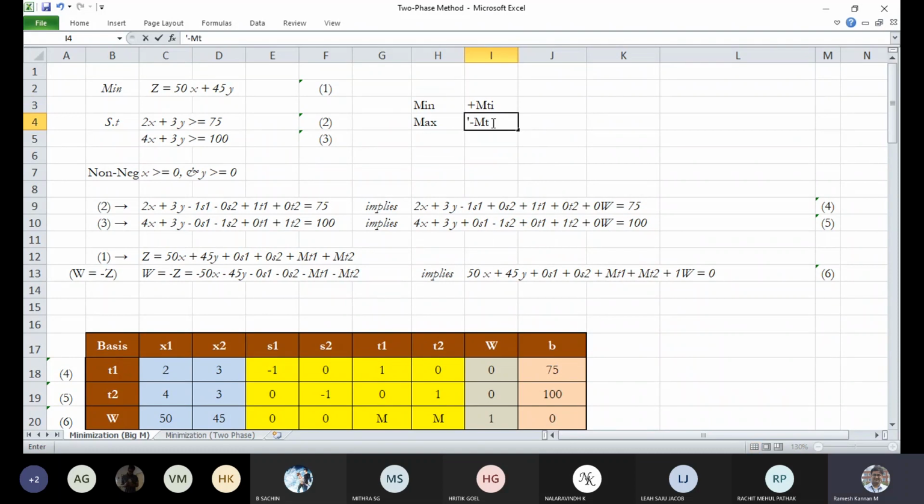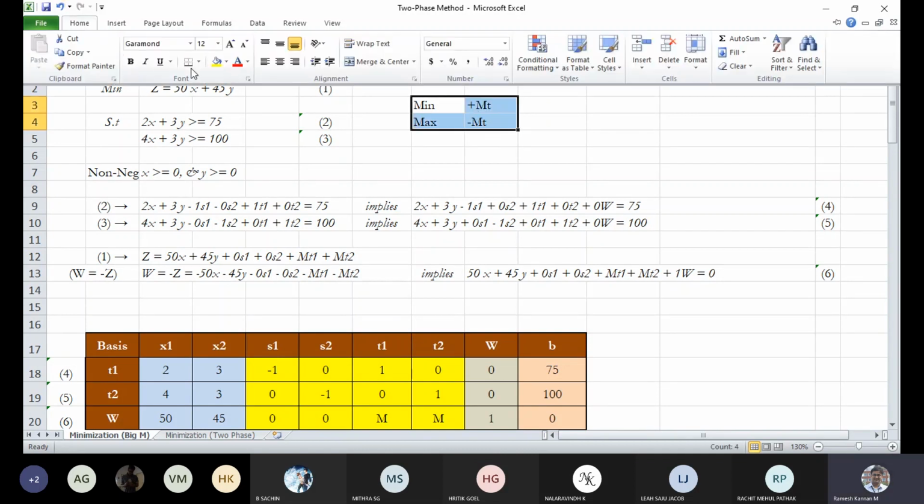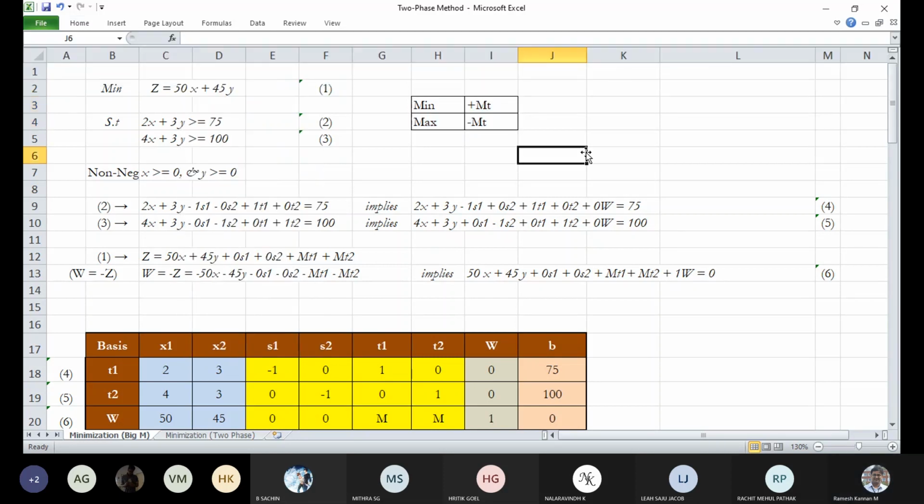M is a very large number, so that in a minimization case it minimizes the objective function. In a maximization case, we need to eliminate this, or provide it as lesser, so that it does not affect the overall maximization objective. That's a basic thing you should know at this point. Since it's a minimization case, we add the artificial variable with the coefficient M.